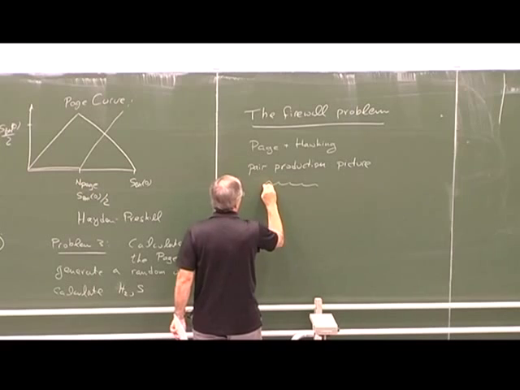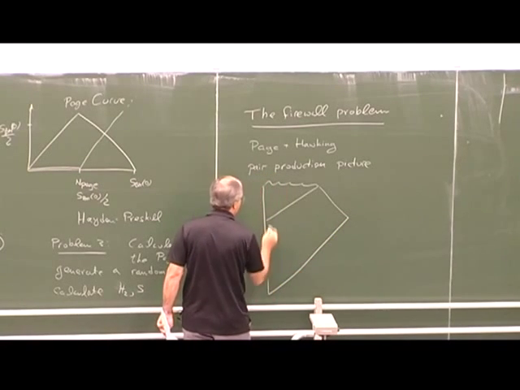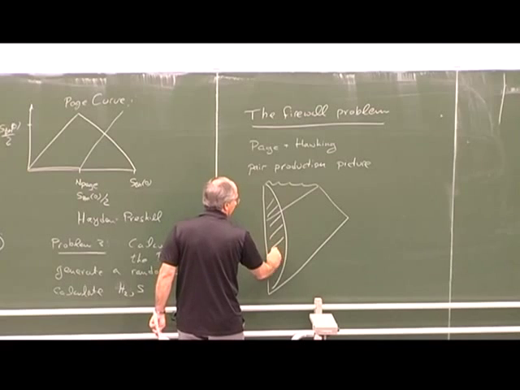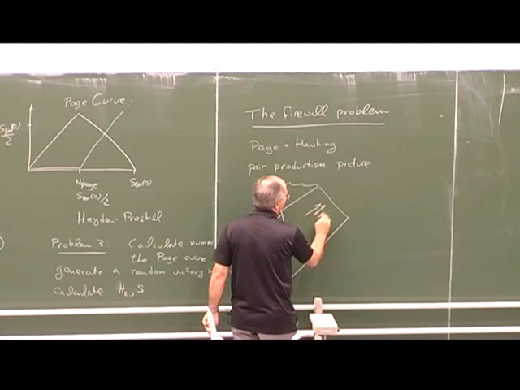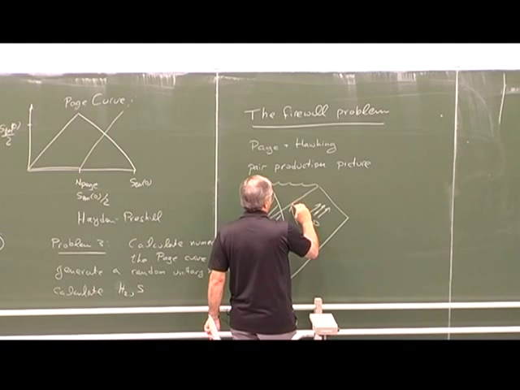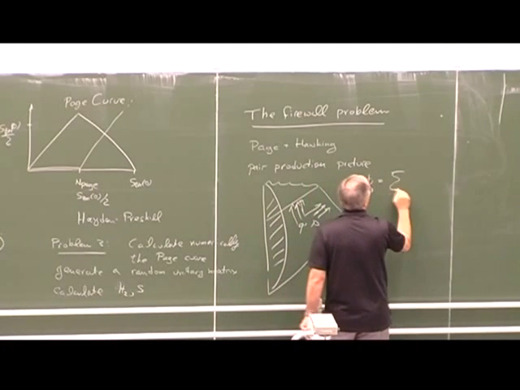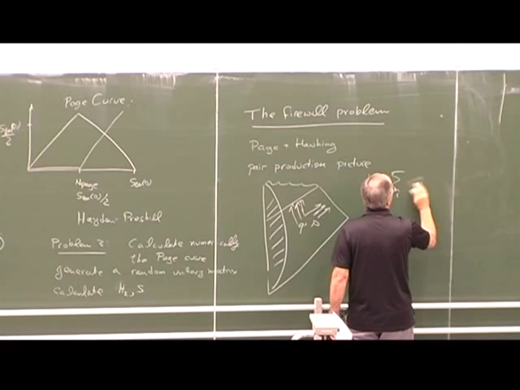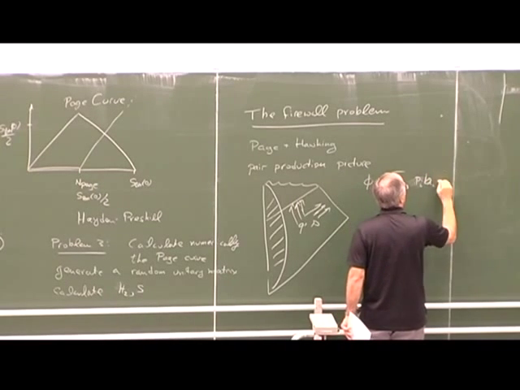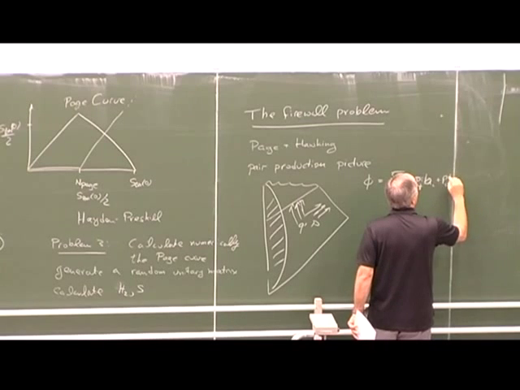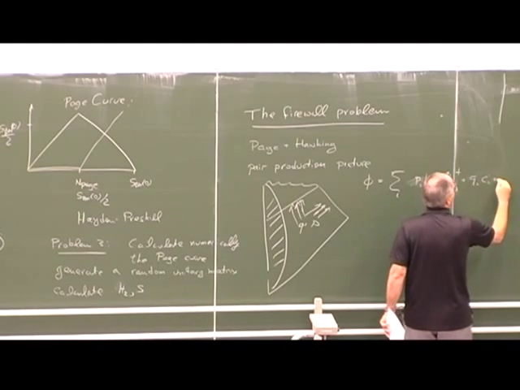You remember that we were considering the collapsing shell, and the p's were the outgoing particles, and the q's were the ingoing particles, and these came from the expansion of the scalar field.